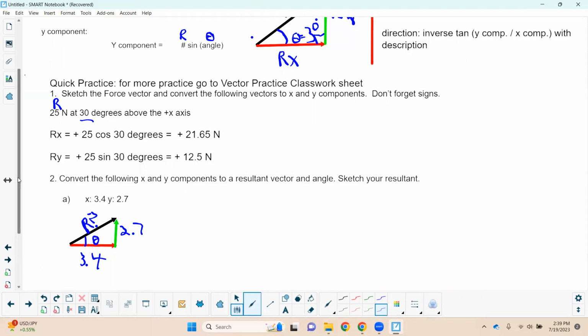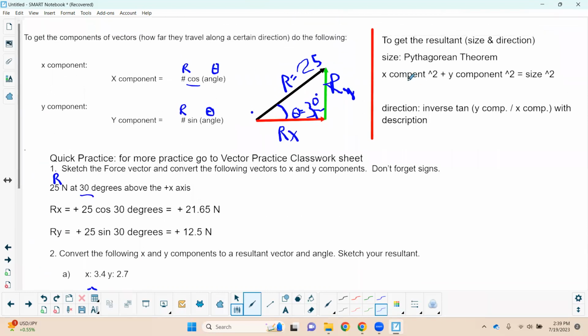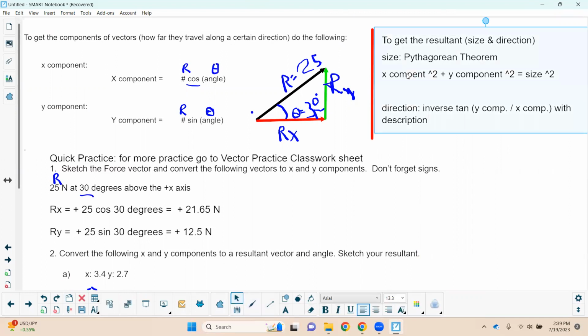To do that, you just use the Pythagorean theorem. Pythagorean theorem is a squared plus b squared equals c squared. I have a typo here, let me fix that. Component, not competent, or whatever that word is.